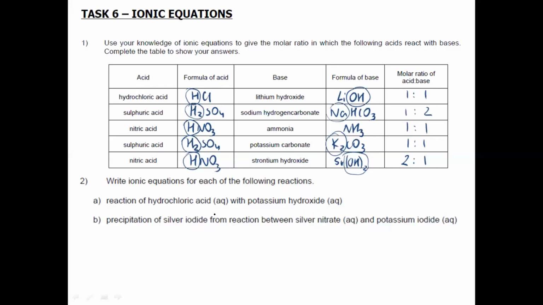Okay, I fixed the top table. So let's move on. Write ionic equations for each of the following reactions. So let's do a reaction of hydrochloric acid, HCl aqueous, with potassium hydroxide, that's KOH aqueous.